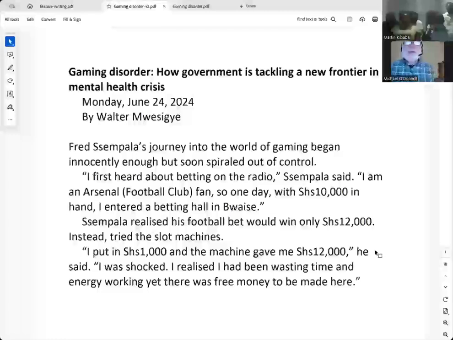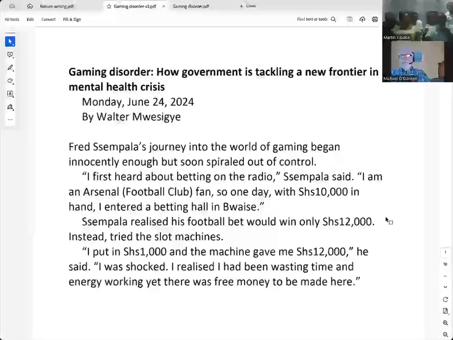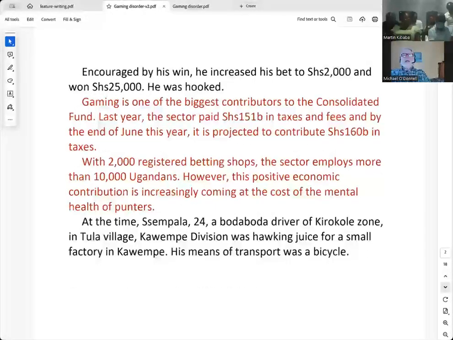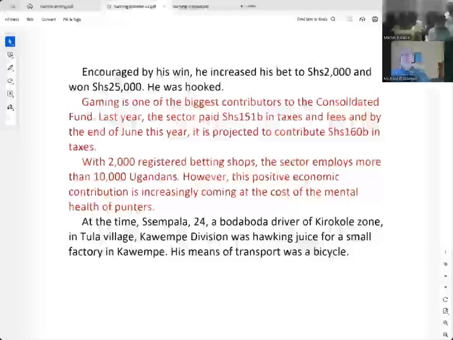I realized I'd been wasting my time and energy working, yet here was free money to be made here." All right. So right now you're thinking, oh my God, Fred, hold it, don't go there, Fred. Then on the next page, encouraged by his win, he increased his bet to 2,000 shillings and won 25,000 shillings, and he was hooked.